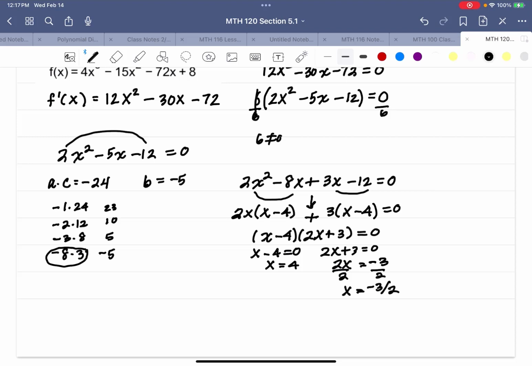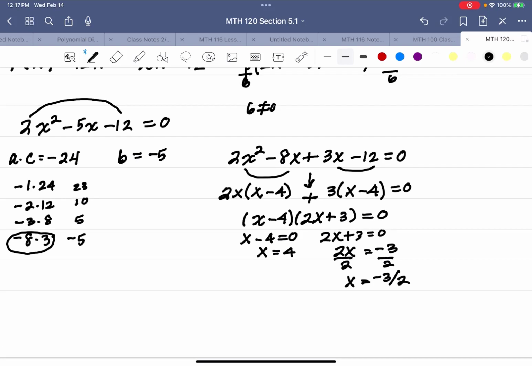So my critical numbers on my number line are negative 3/2, which is negative 1.5, and 4 on the right.